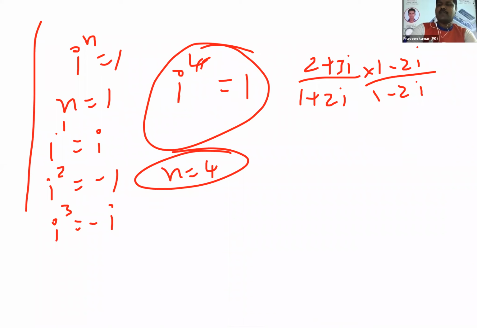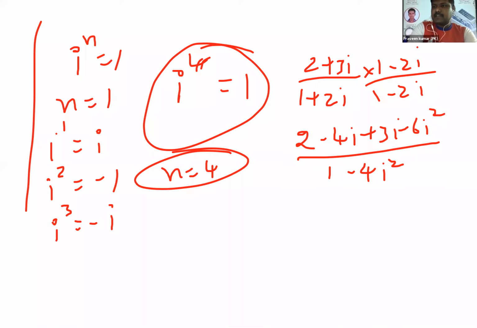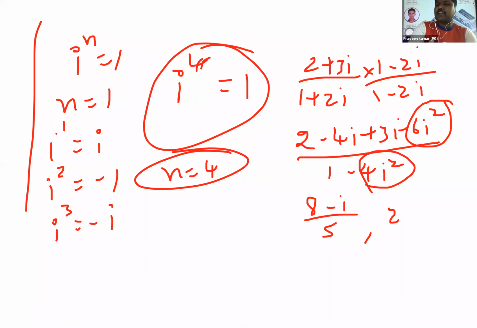Numerator: 2 ones are 2, 2 twos are minus 4i, 3i into 1 is 3i, minus 6i square, by 1 minus 4i square. 6i square is minus 6, so minus or minus plus 8, minus i, and 4i square means minus 4. We want the conjugate, z bar, 8 plus i by 5, correct? Previous question over, everyone? Understood?